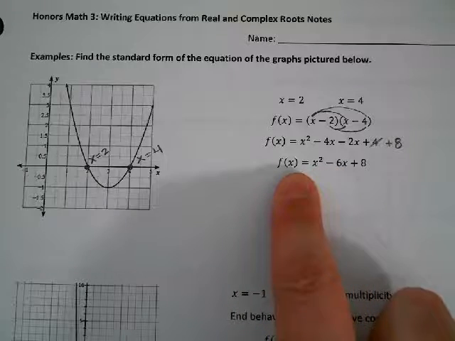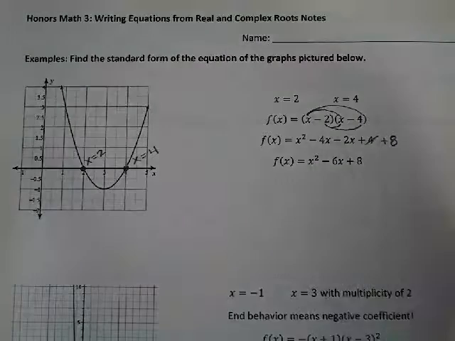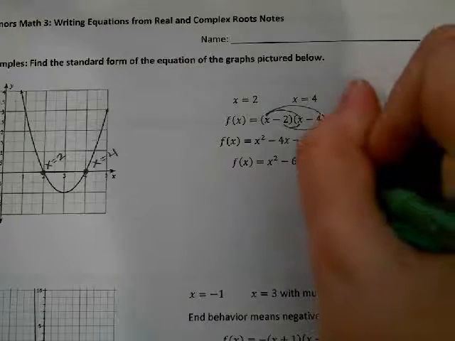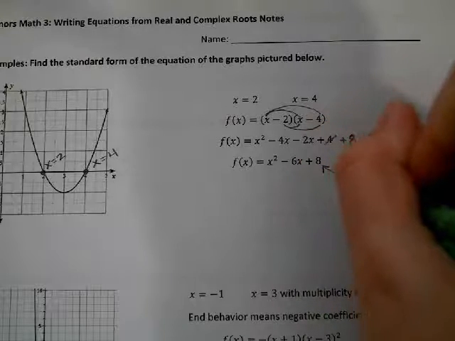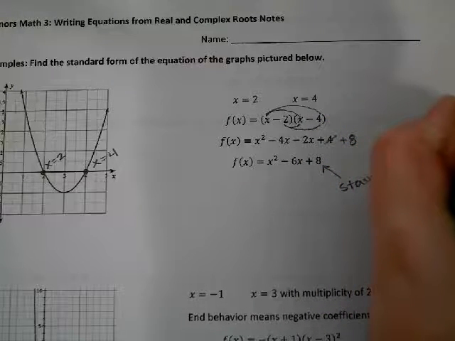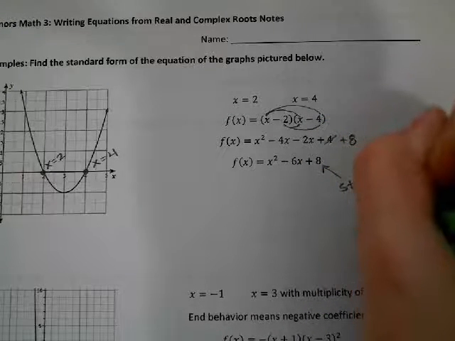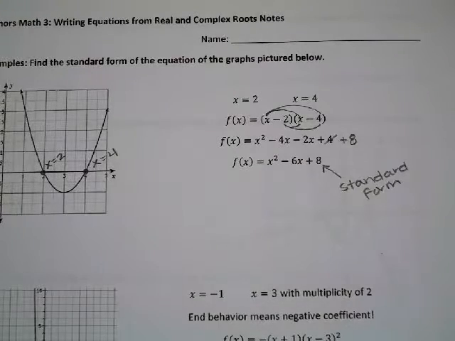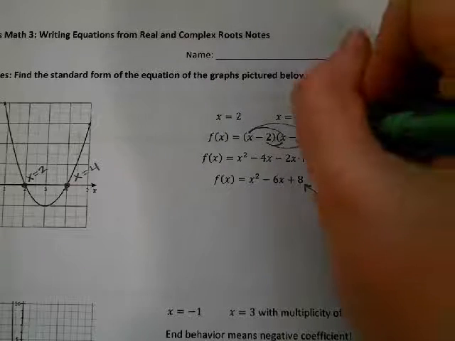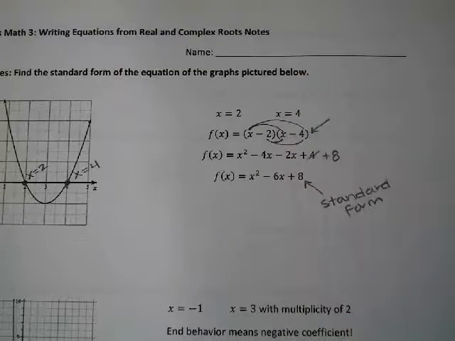And so then you could say, all right, in the standard form, the quadratic is f of x equals x squared minus 6x plus 8. The other form is the form that we worked with before.